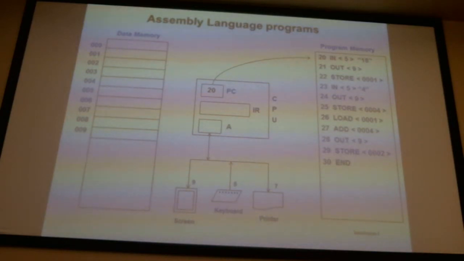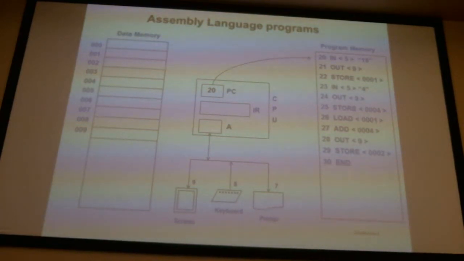Do you remember that? That was like the second, third lecture. We were talking about the computer, and those were the instructions of that computer. In case you don't recall, the first one is in and out, with numbers 5, 9, or 7.